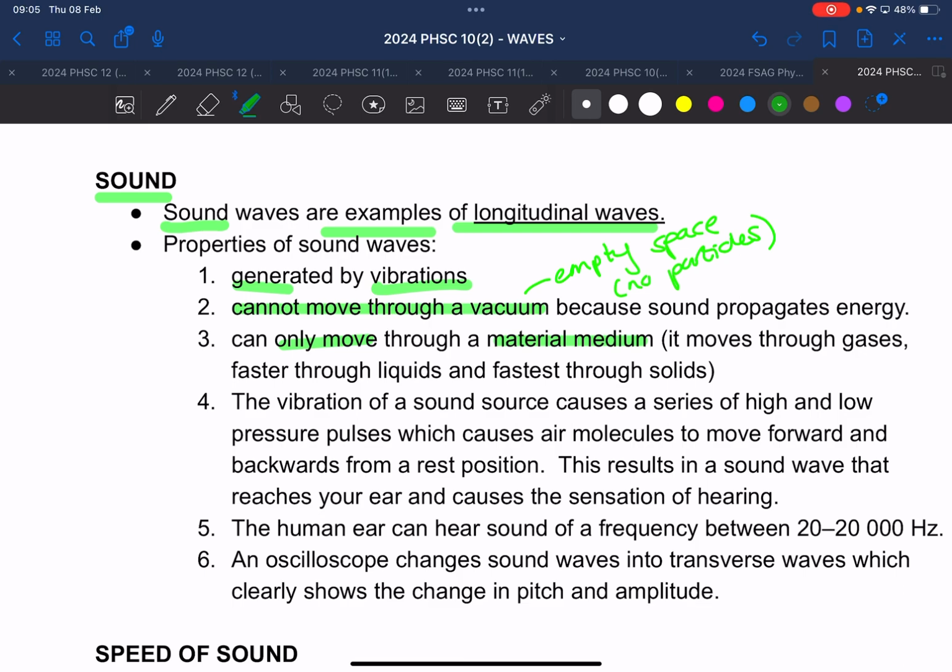Why is that? If you remember from grade 8, you did the particle theory, where you said solids vibrate in place, liquids glide over each other, and gas particles move all over the place. So when I speak, the sound moves through air.